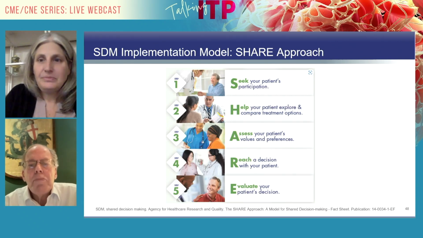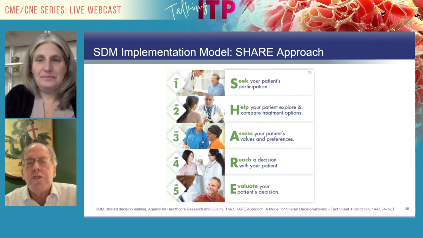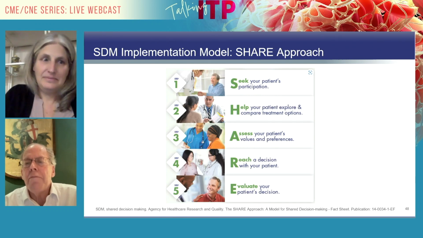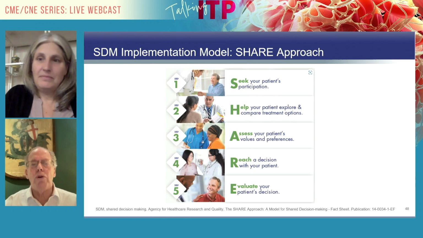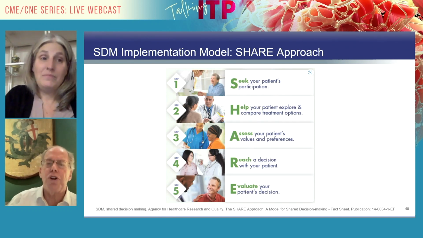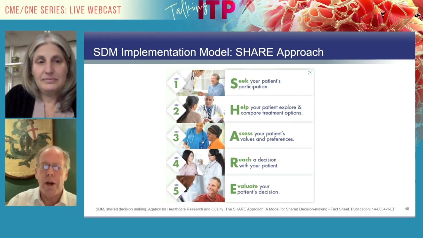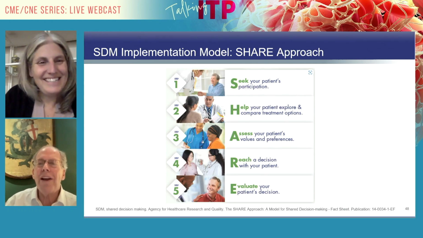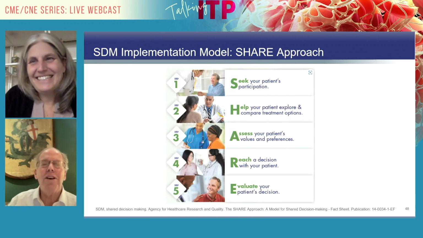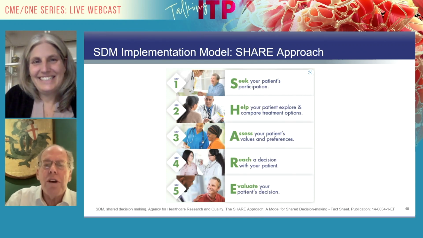And I think one of the main dilemmas, which I think everybody can appreciate, is that doing that in a time-limited visit can be hard. And it may be that there's a role for having some of this filled out ahead of time online or in the waiting room to help get the answers more quickly, but that's tricky too. So I like the SHARE approach.